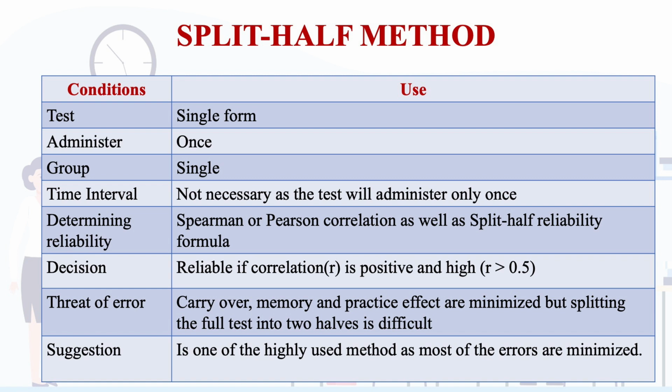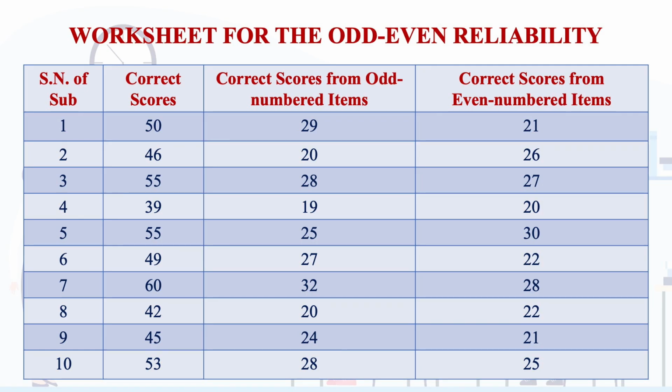And under suggestion we can say that it is one of the very highly used methods, as most of the errors are minimized here. So here you see how to split the whole test into two half tests. Here on this table, the first column is the serial number of the subject, that means the students.